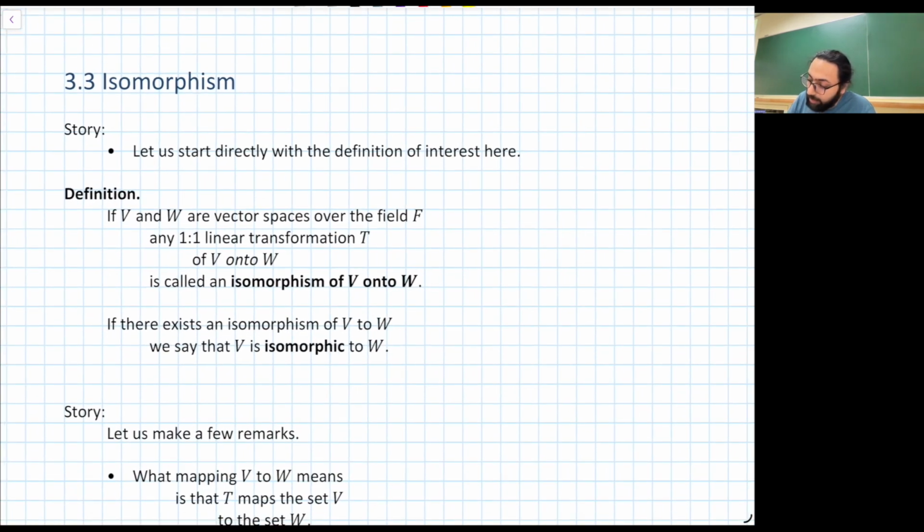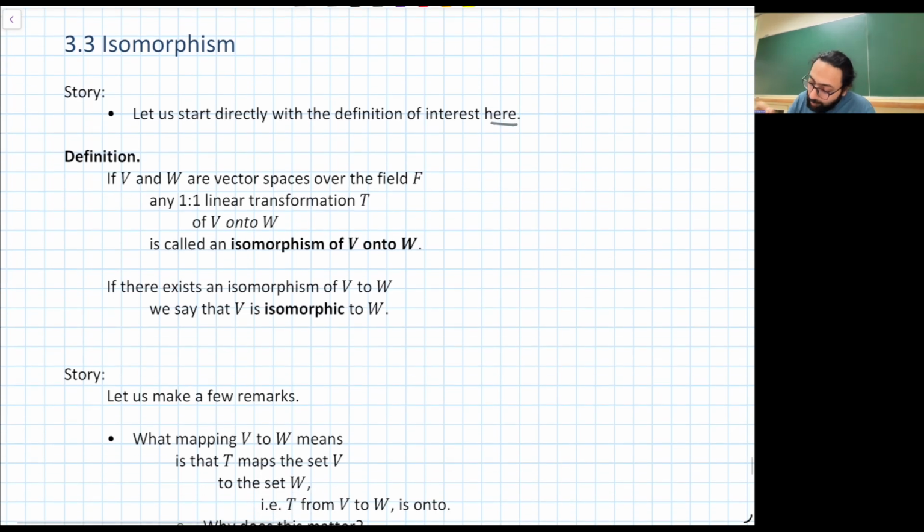So, right, let us start directly with the definition of interest here. I think the motivation will become clear, as usual, as we study the object. Right, so here the definition is the following.